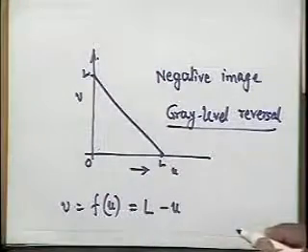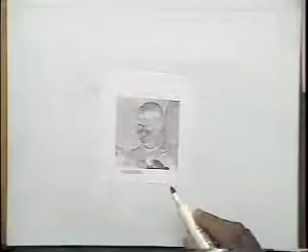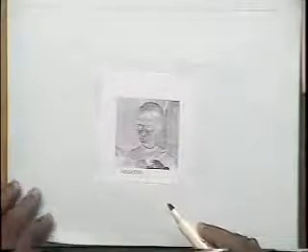As a result of applying a transformation of this nature on this original image, we get a negative image which looks like this. This is the negative image of the original one.